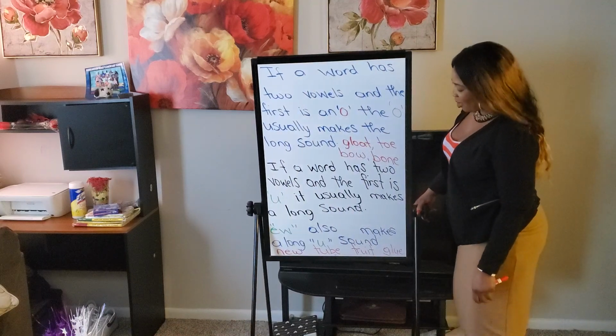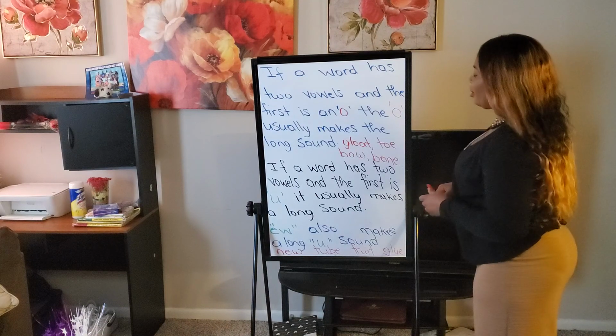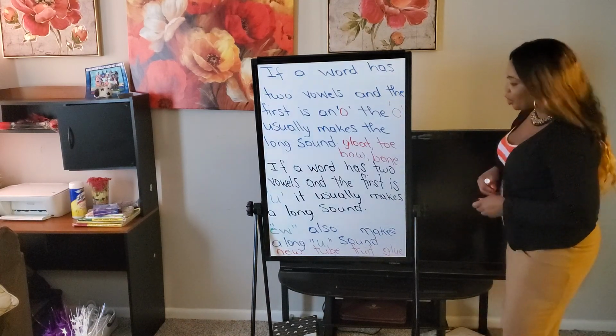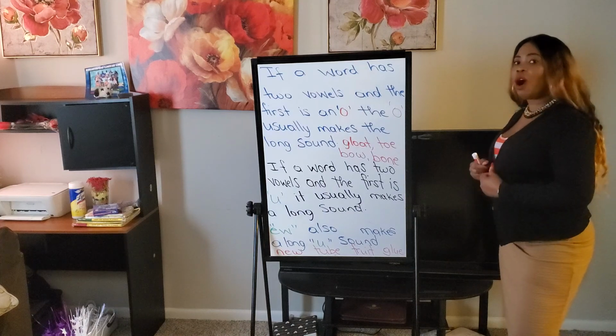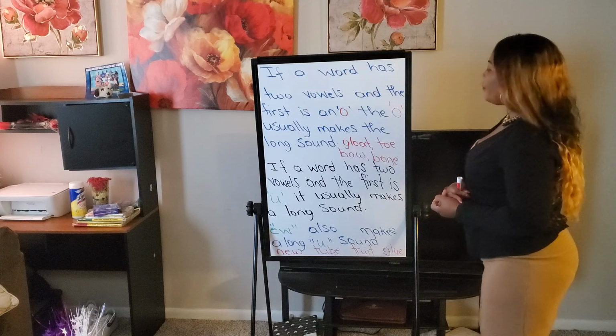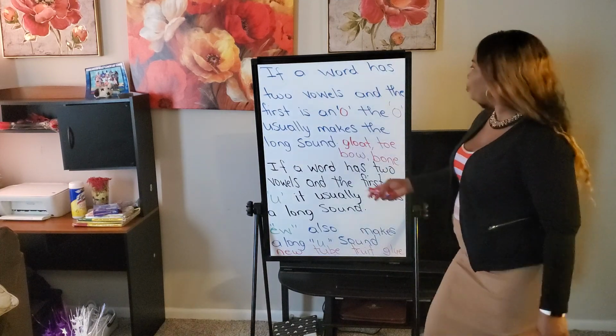All right, now that I've turned my board around, we're going to look at the rules that govern O and U. So long vowel sound O and long vowel sound U. All right, let's go.